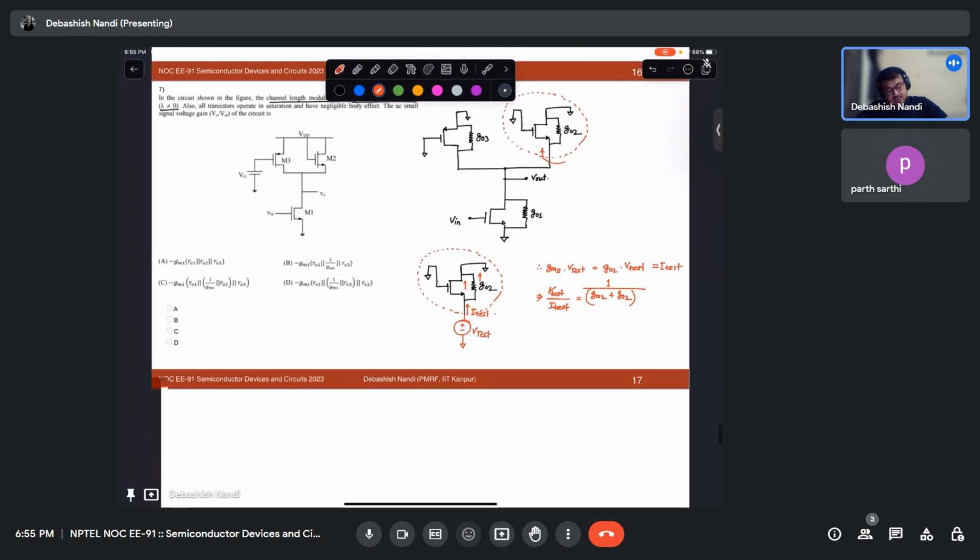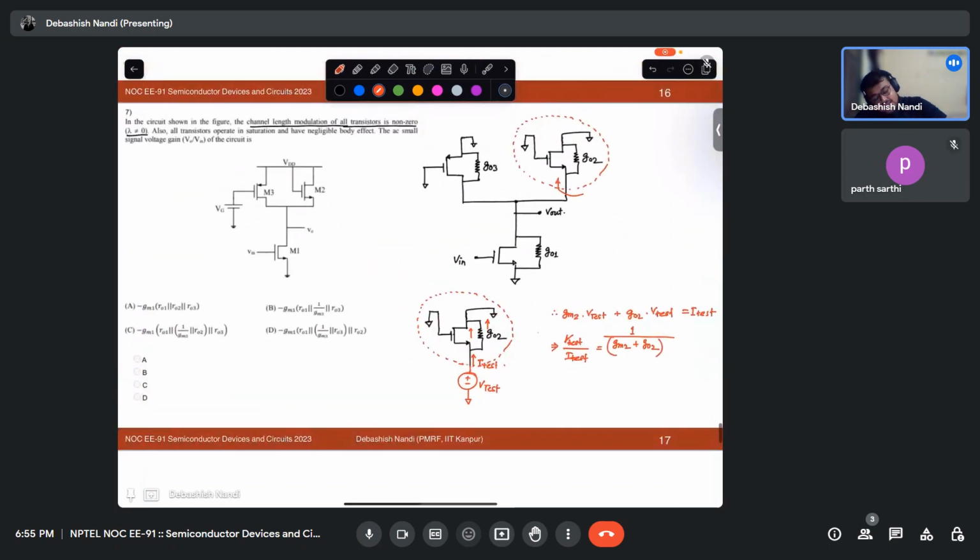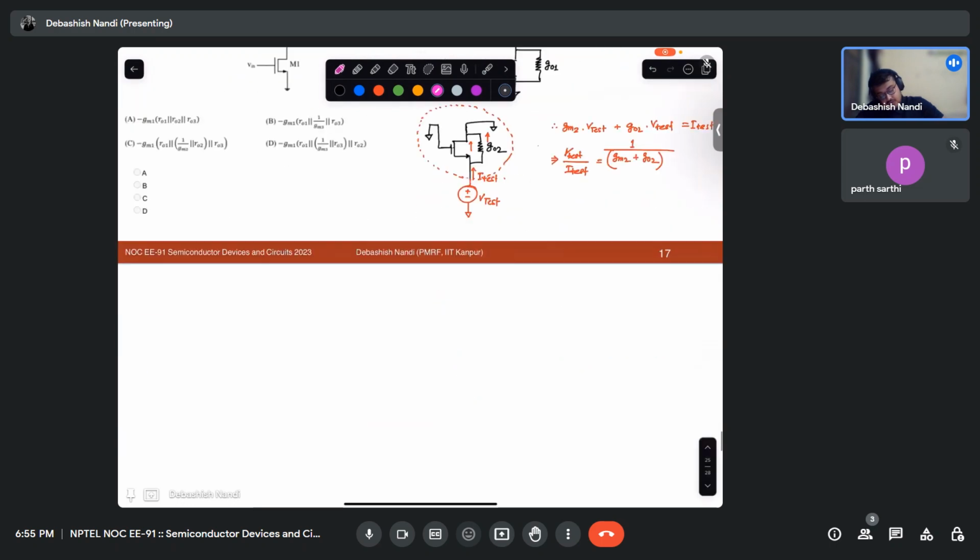So this entire thing I can simply draw as a resistance, and the conductance would be GM2 plus GO2. Okay. Now let us take this contraption. So what will I have?